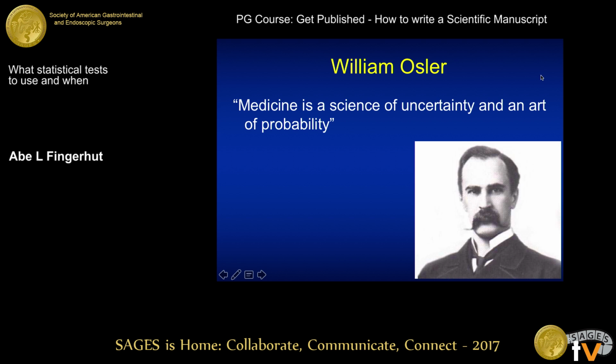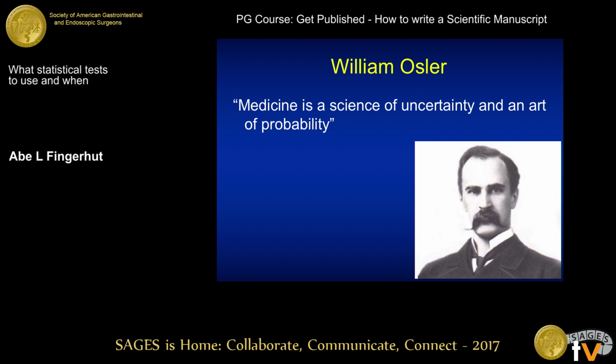A very famous doctor said that medicine is a science of uncertainty and an art of probability. This is what statistics are about. Statistics are a way of quantifying the degree of certainty or uncertainty of what we assert, what we put into writing.